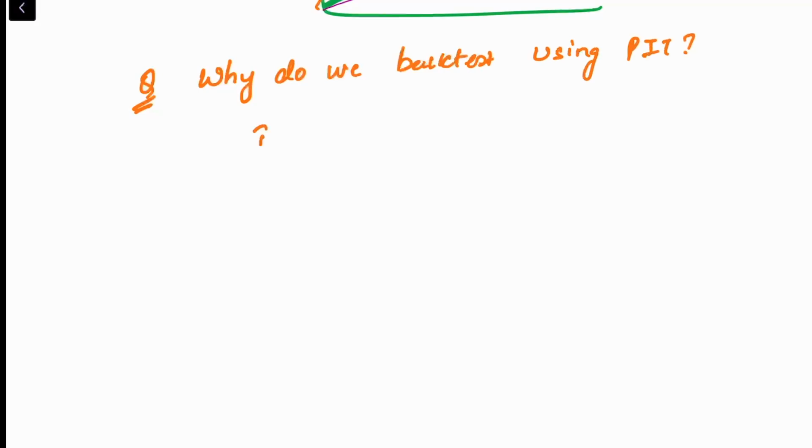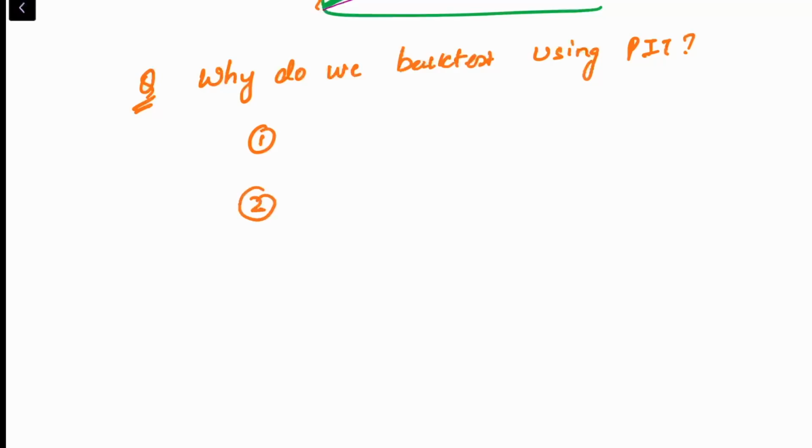Write down point number 1. We want to ensure that the predicted risk distribution matches actual outcomes.